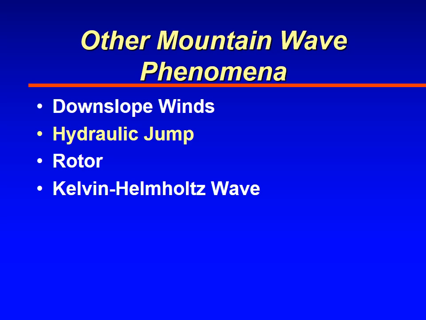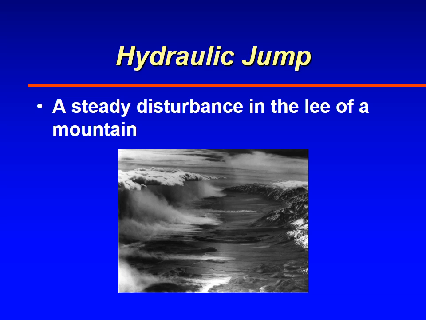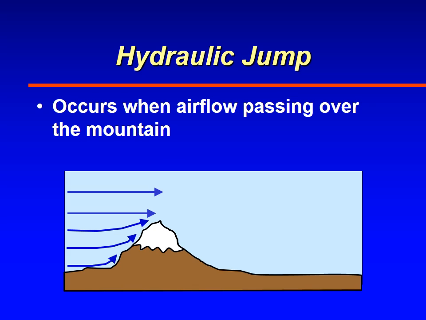The next phenomenon we're going to talk about is hydraulic jump. And hydraulic jump is a steady disturbance that happens downwind or in the lee of mountains. Typically occurs when you have strong downsloping winds.